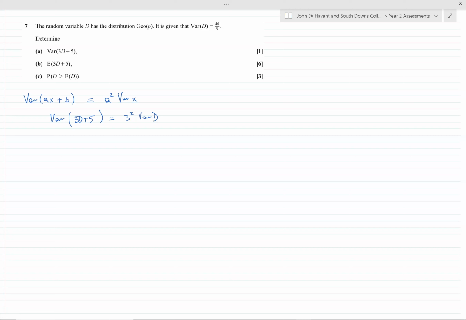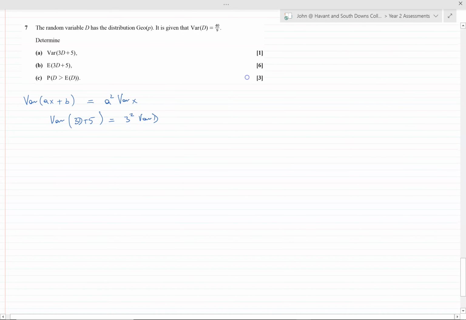The variance of d is equal to 1 over the probability of it happening. That's the expectation, of course. What I mean is there is a formula for variance, but we're not even using that because we're given the variance here. So that's 9 times 40 over 9. So that equals 40.